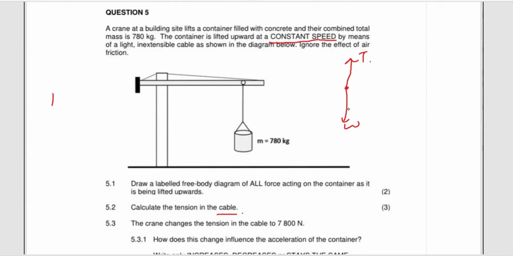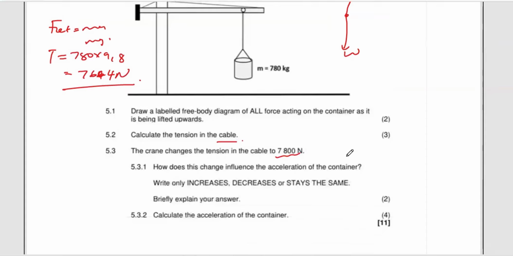From our F net equal to ma, our tension is going to be the weight, which is 780 multiplied by 9.8. So 780 times 9.8 gives me 7644 newtons.